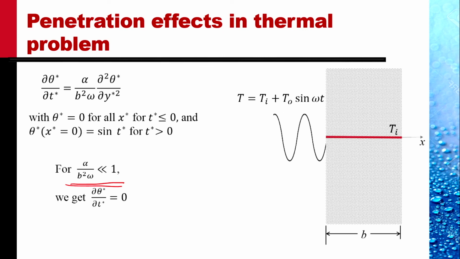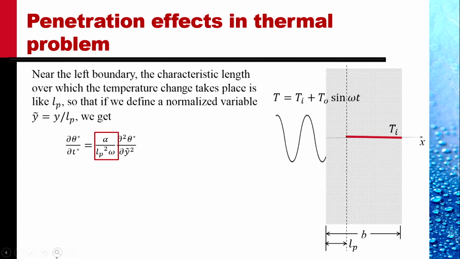And so we run into a problem. It cannot accommodate the boundary condition at x is equal to 0. So similar to what we did before, there has to be an inner region, a boundary layer region, where the temperature fluctuates. So this area here is the area in which the temperature fluctuates.